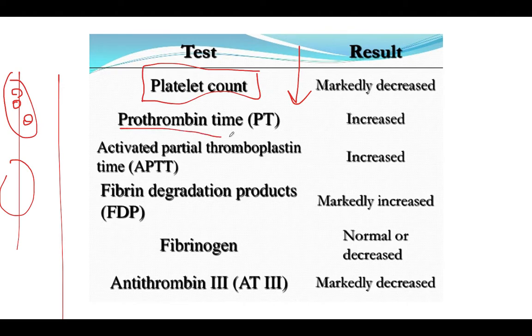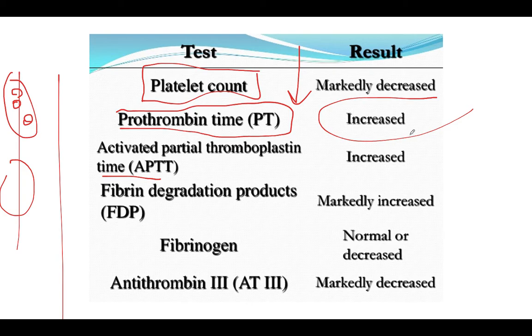So the prothrombin time, which is the test that determines the function of the extrinsic pathway, is increased. Also the activated partial thromboplastin time, because the coagulation factors associated with the intrinsic pathway will be decreased. So the time will of course be high, more than 40 seconds for the aPTT and more than 12 seconds for the PT. And the fibrin degradation products are high.